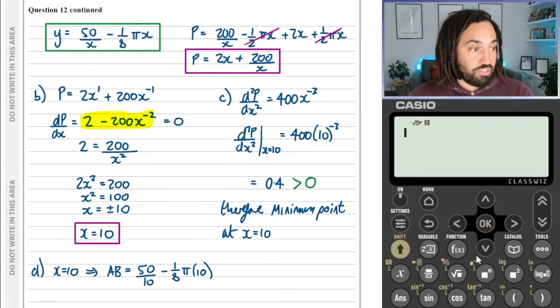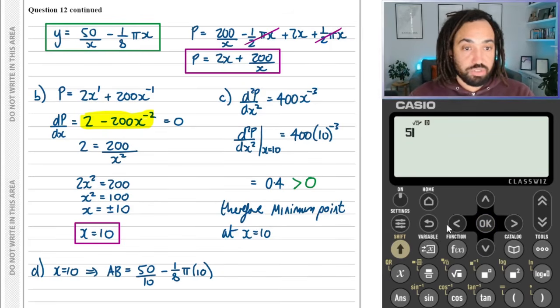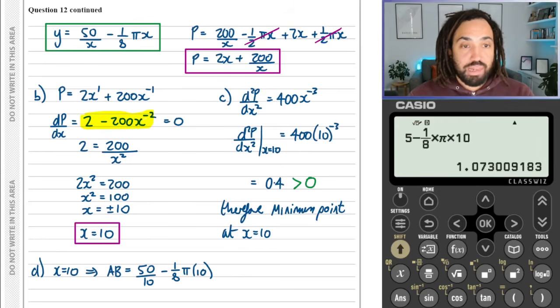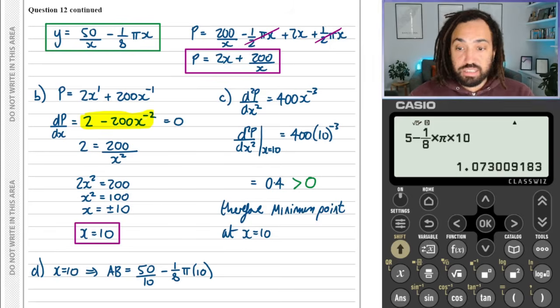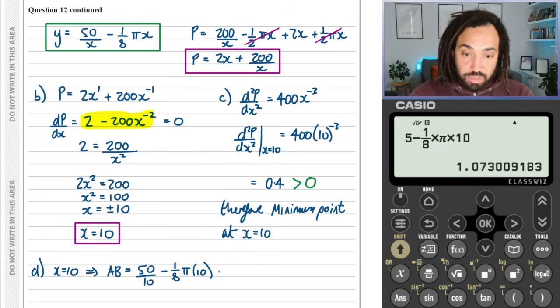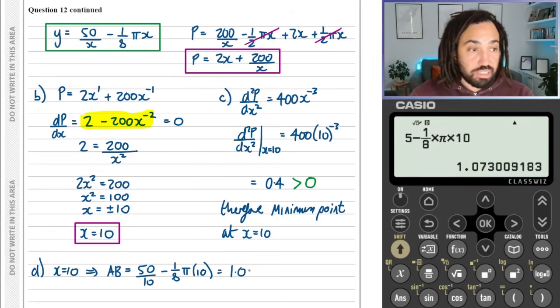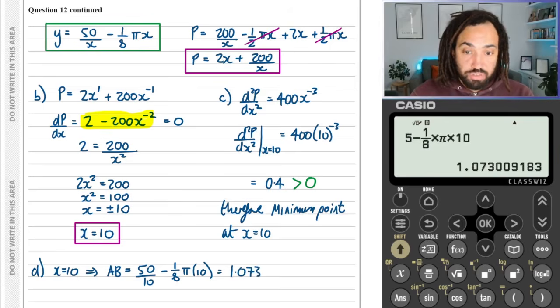So that is 50 over 10 is just 5. So we'll do 5 minus 1/8 of pi. Okay, there's pi, times by 10. Okay, and we get that's equal to 1.073.